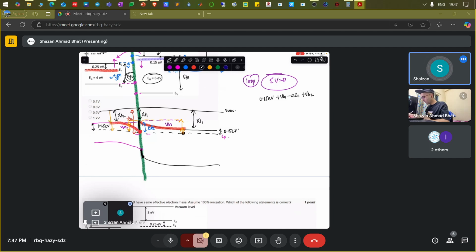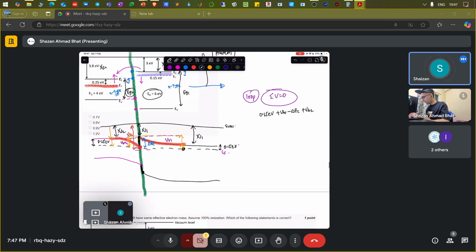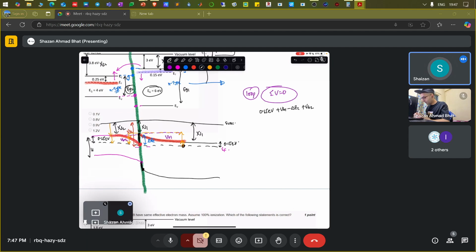And then there is whatever we have been given. The energy gap is also given as 4 electron volt. And we will move down as 4 electron volt because down will be considered negative, up will be considered positive. And plus 3.75 is basically this difference, which is 4 minus 0.25.